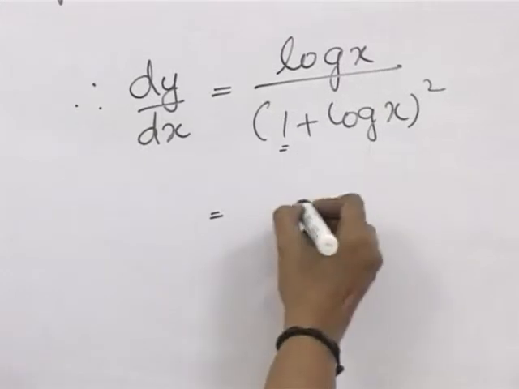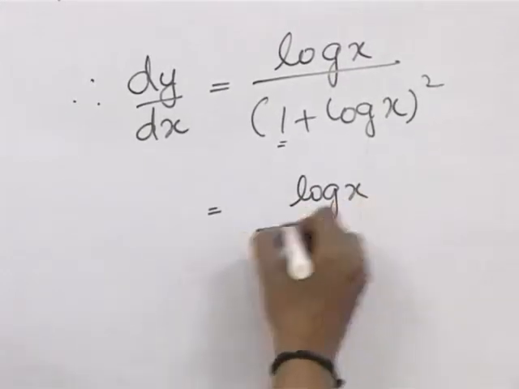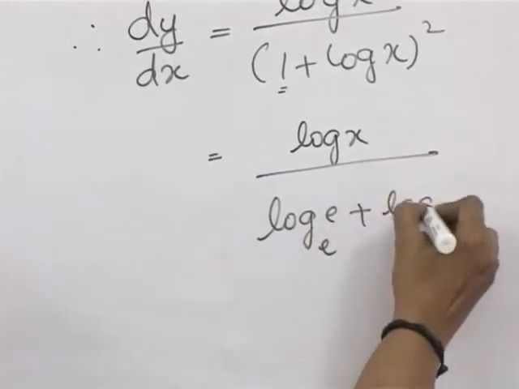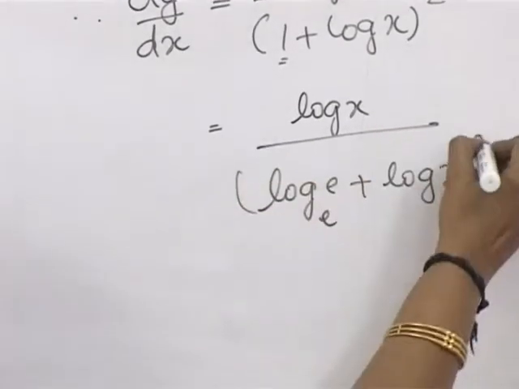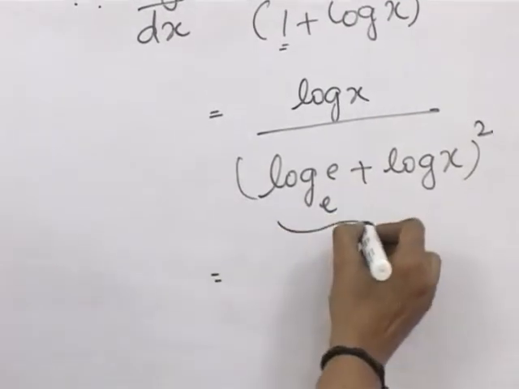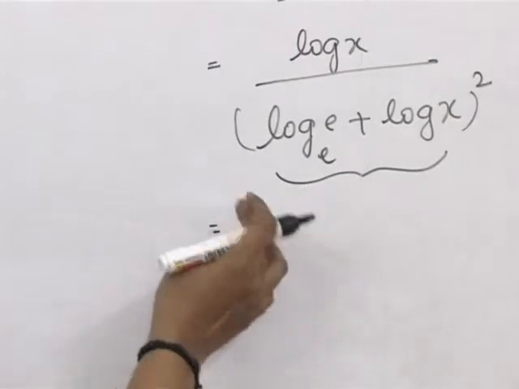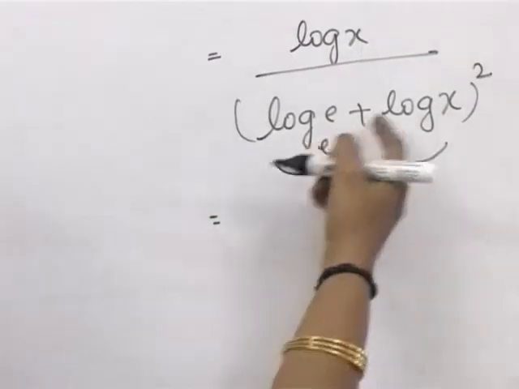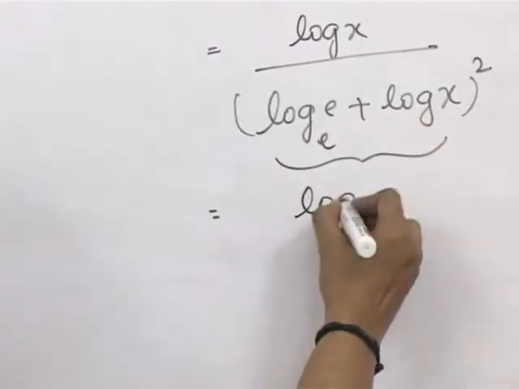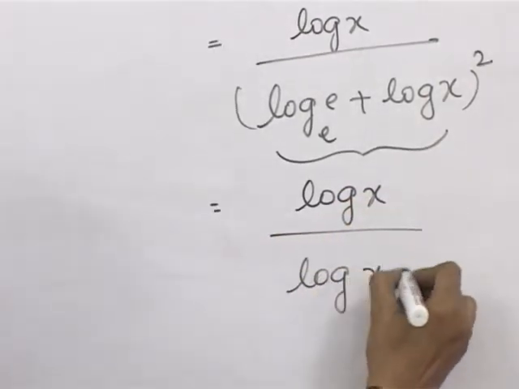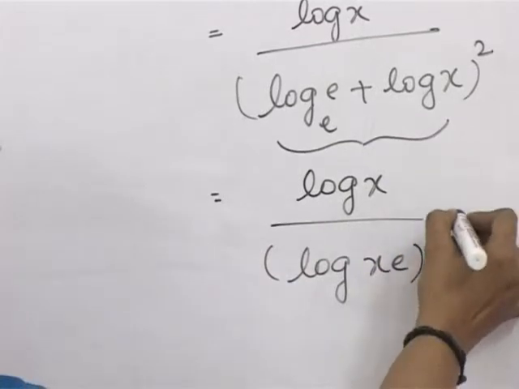Now we can write this 1 as log e to the base e plus log x the whole square. Now you can see that this is sum of two logarithms. So this can be expressed as logarithm of the product ex. So this is equal to log x divided by log xe the whole square.